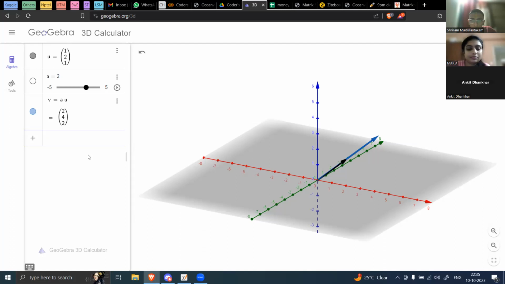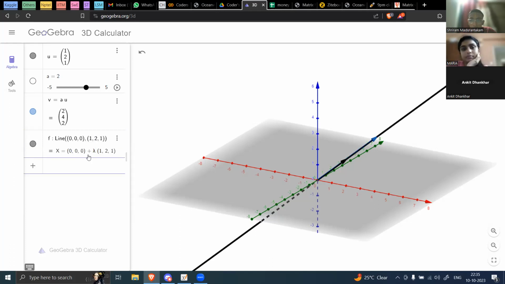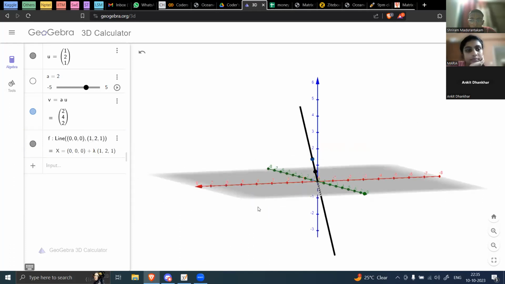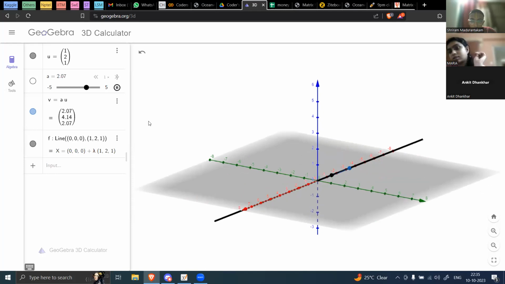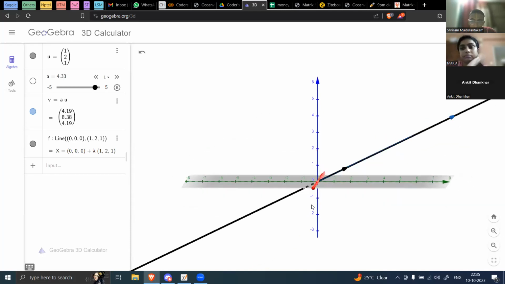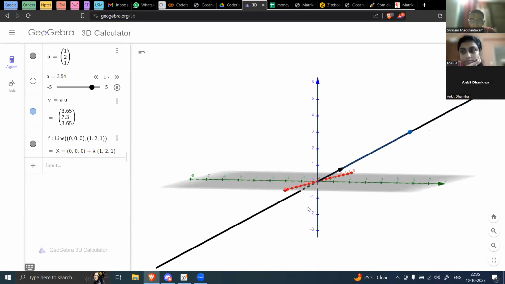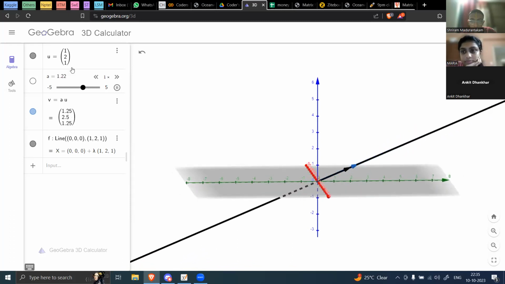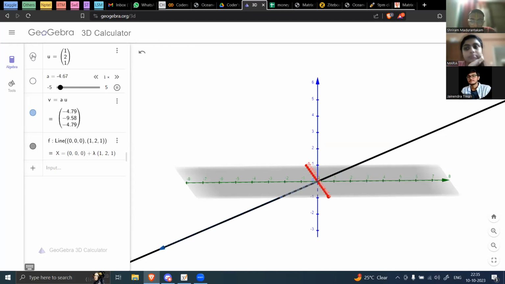Oh, do you not want me to plot the line? Should I plot the line? Yep. Maybe plot it. Okay. This is the same thing we had last time. Maybe I'll hide this. Okay.